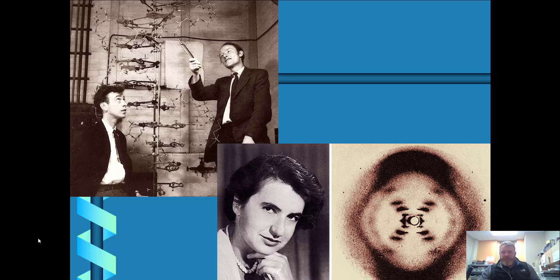Rosalind Franklin's work was crucial to figuring out the structure of DNA, but in Watson and Crick's papers, when they presented their findings, she was not mentioned whatsoever. Unfortunately, she didn't really care necessarily. It wasn't really her thing. She wasn't worried about how DNA looks. But still, the fact that she was given zero credit till later down the road is one of the great travesties, in my opinion, of science.